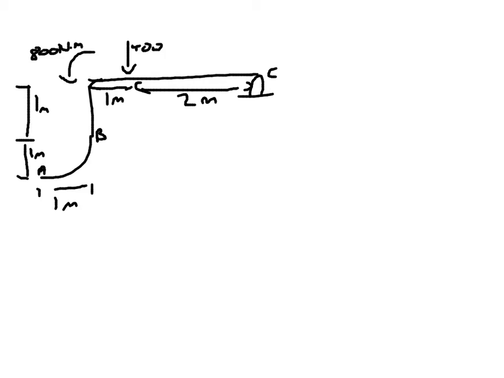So this is the diagram of the question from slide 41, and we're asked for the horizontal and vertical components of the pin reactions at C and the magnitude of the reaction at B. Well, you should notice that AB is a two-force member.